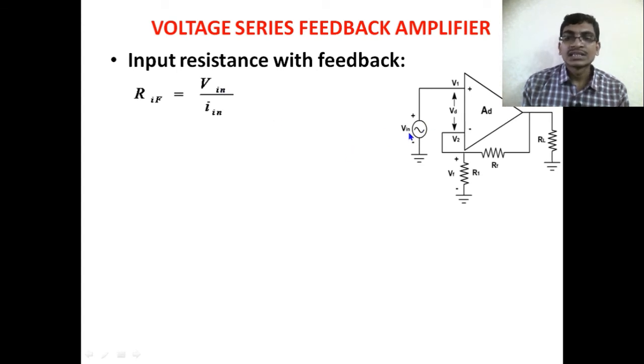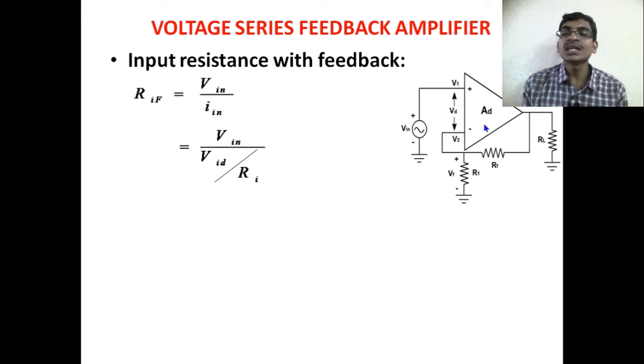Here VIN is the input voltage and IIN is the input current for our operational amplifier. Therefore, IIN can be written as the differential input voltage divided by the input resistance of our operational amplifier RI. In this figure we can't see RI, but the operational amplifier has a very large input resistance, which is called RI.